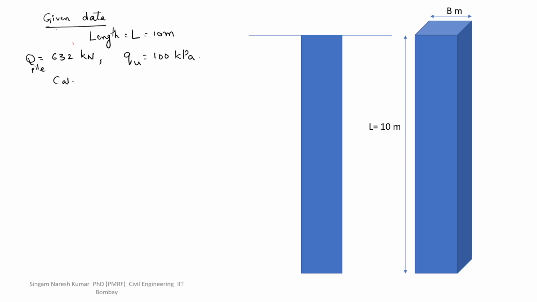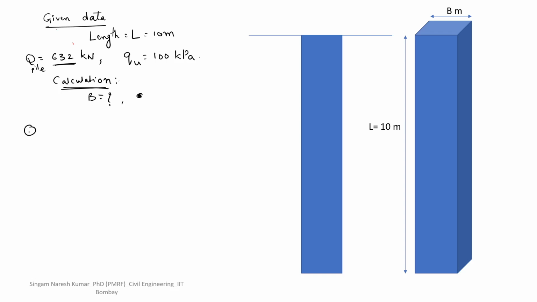Now calculations. So what should be done first? What is the requirement? B, the width. Here you can see this is B, you need this. You have been given L equal to 10 meters. First we need to know the compressive capacity of the pile.